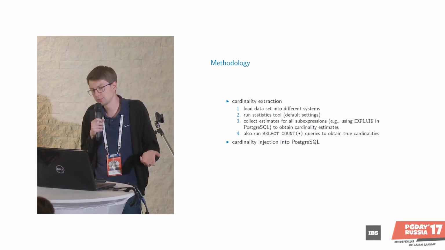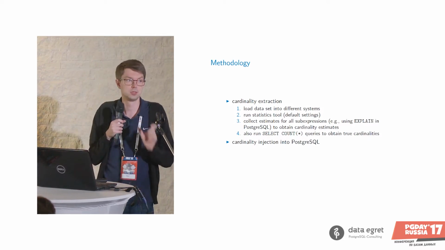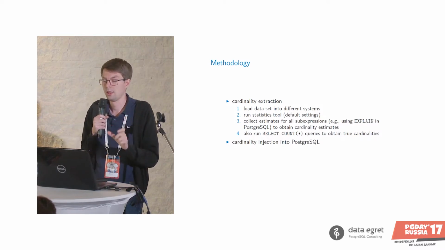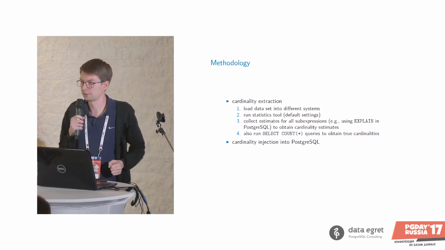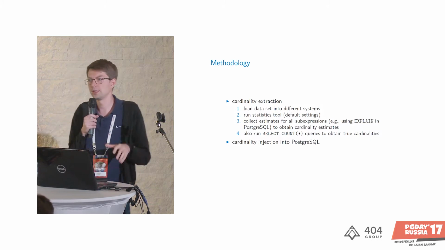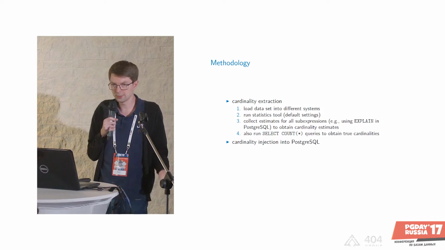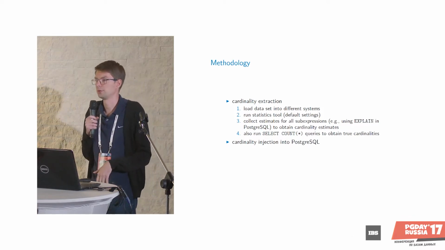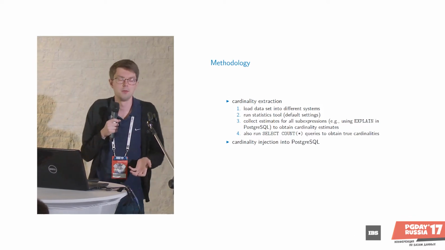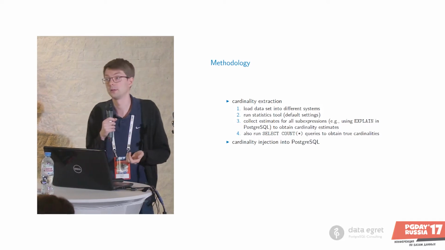And in addition, we actually ran each of those queries with a select count star query, right, step 4. So basically this gives us a big data set of cardinality estimates and the true values, right? And now we can analyze how good these estimates are.